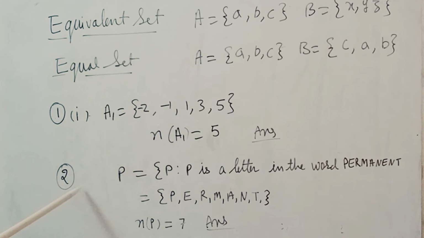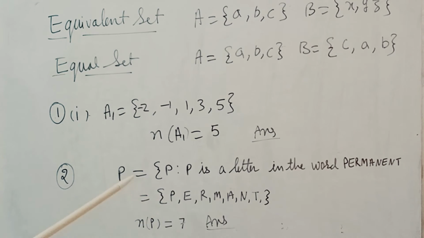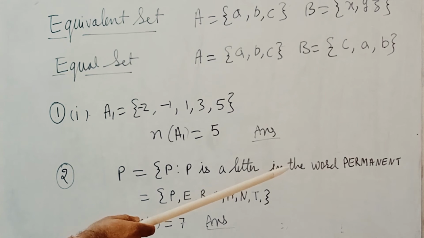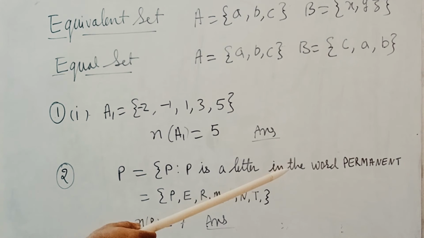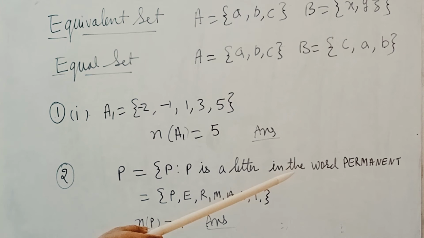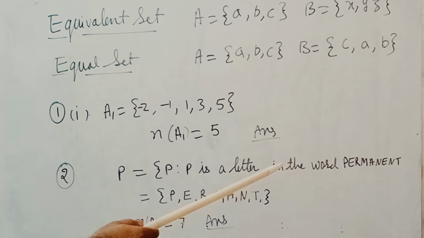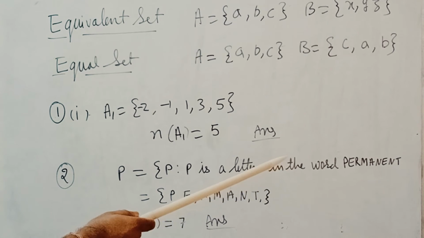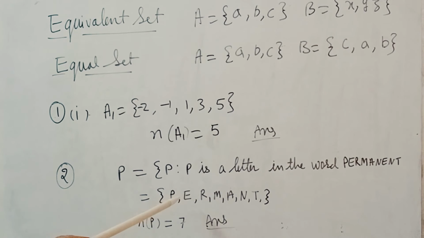Now I am taking question number 2. What is given? P equal to the set of P such that P is a letter in the word permanent, and we have to find the cardinal number of that. First we will prepare the set. What is the set? P, E, R, M, A, N, T. Here in the word permanent, we have the letter E 2 times and N 2 times, but we will not take these two letters 2 times, we will take them only once.